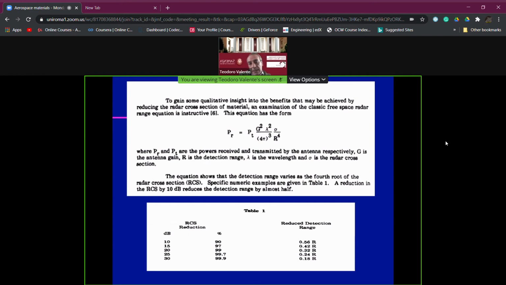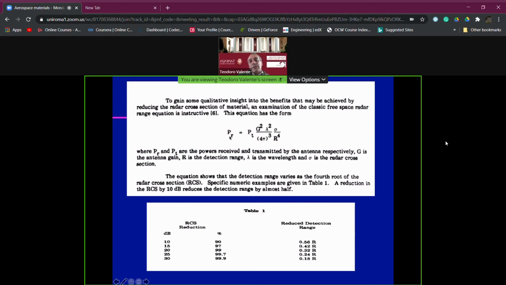sigma, which now stands for radar cross-section, we can have a look at the simple general equation, which is the basis of a classical free space radar equation.